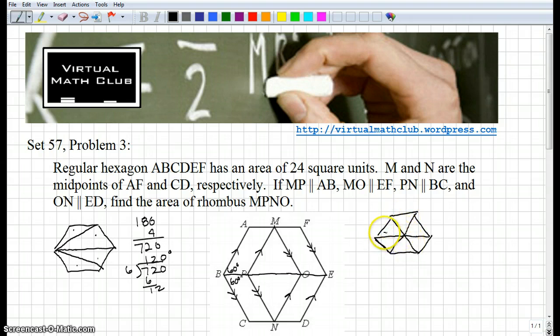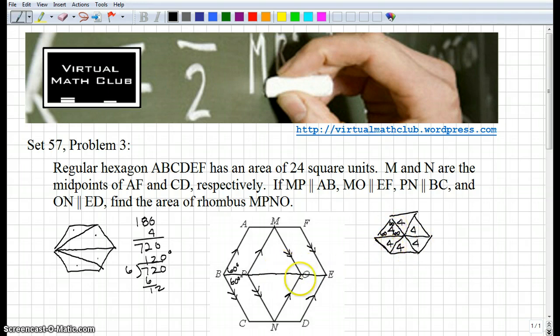So this is 60 degrees, this is 60 degrees, this is 60 degrees. So these are all equilateral triangles, okay? And they're all congruent to each other. So if the whole hexagon is 24 square units, and we can break it up into 6 equilateral triangles, then each one of these equilateral triangles is 4 square units. Okay? Makes sense?